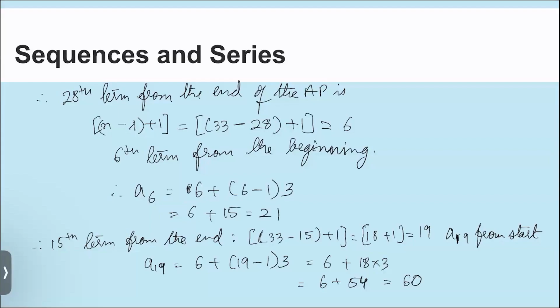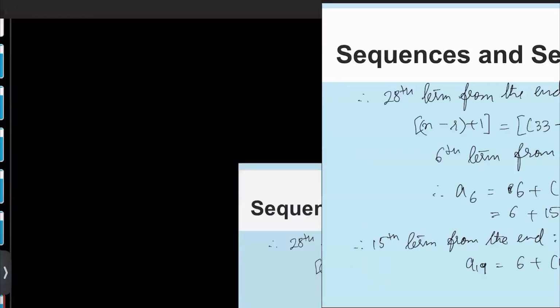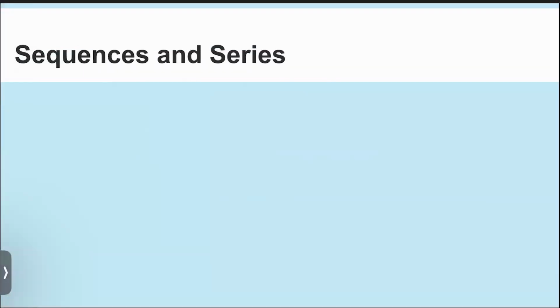And suppose you are then asked to find the corresponding series for this. Okay, so we have n equal to 33 here, d equal to 3, and our a1 is 6.